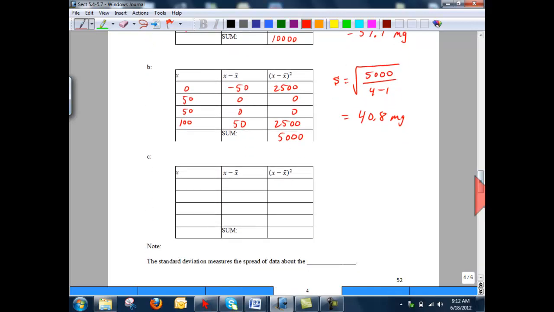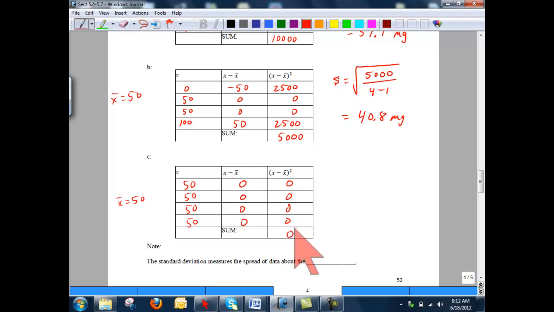Third example, maybe you could think about what happens here and do this example in your head. Notice that the data values are 50, 50, 50, 50, and as they were in the other examples, x bar, the mean, is still 50. So when I subtract off the mean, I get 0, 0, 0, 0. When I square that, I get 0, 0, 0, 0.